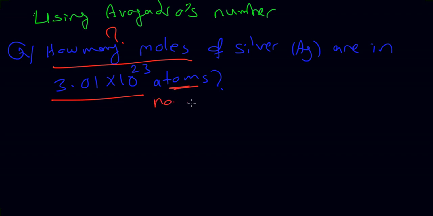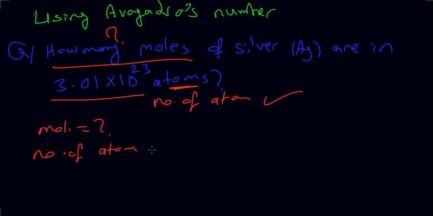So number of atom is given. Okay, so mole is unknown, number of atom is given, is equal to 3.01 10 to the power 23 atom. Good. So the result is like that.